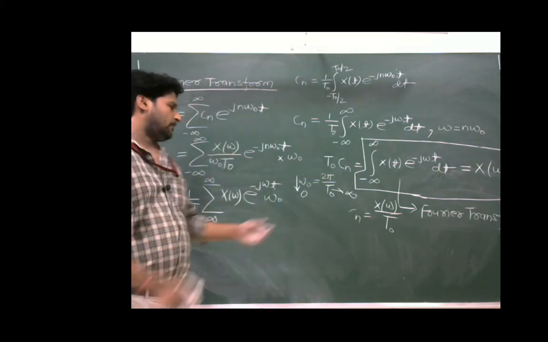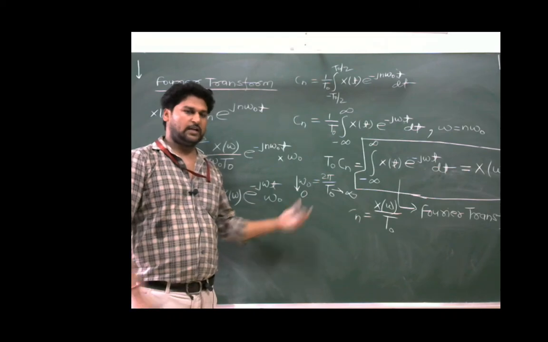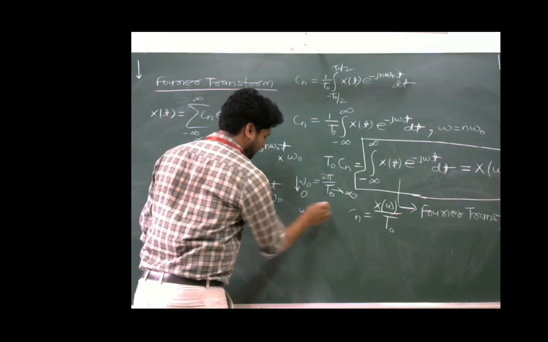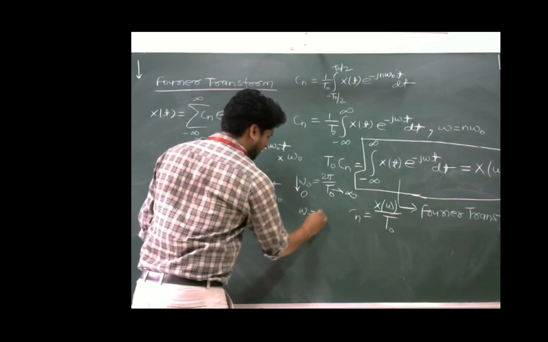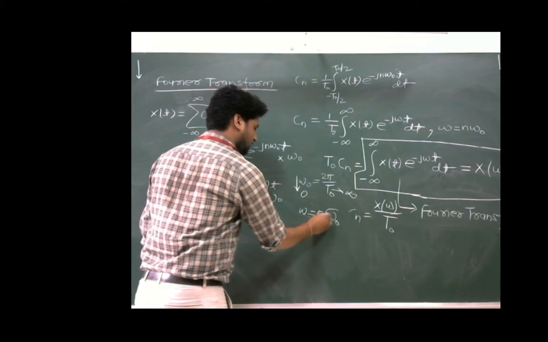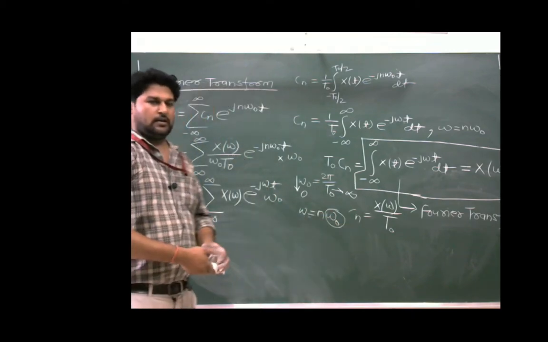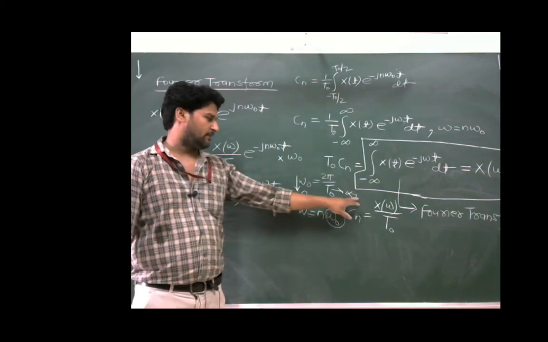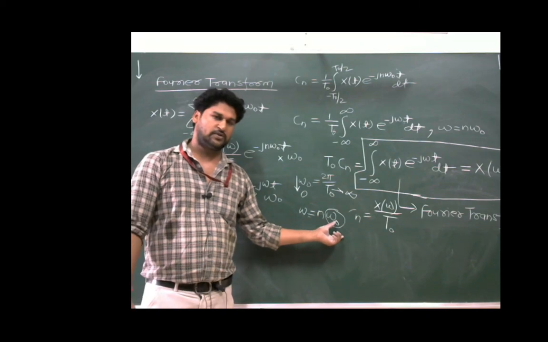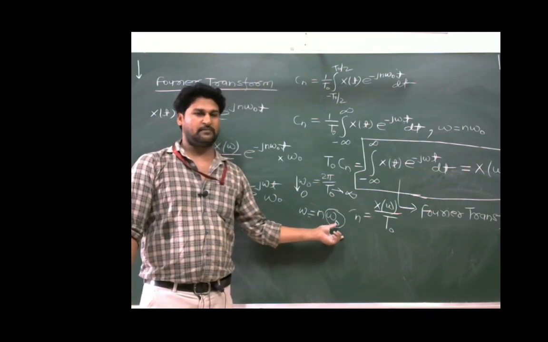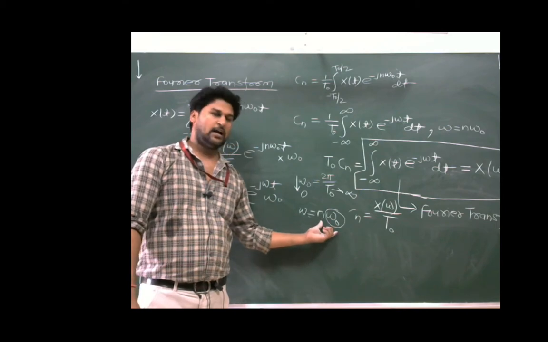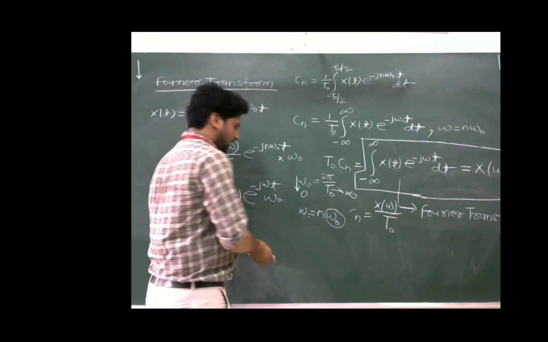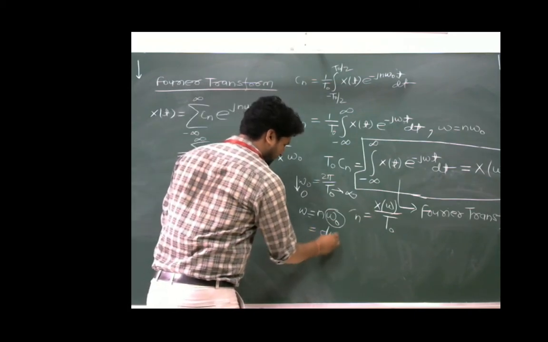This omega naught will become very small, and the omega equal to n into omega naught will make a very small increment, almost 0. When t naught becomes infinite, this omega naught will almost become 0, and this small increment can be denoted as d omega.